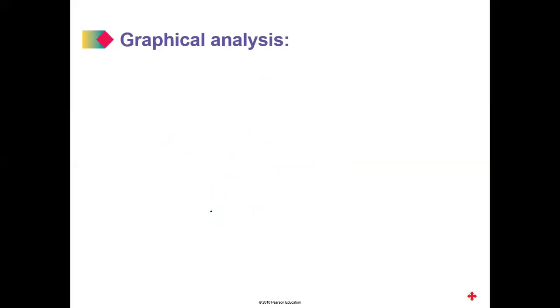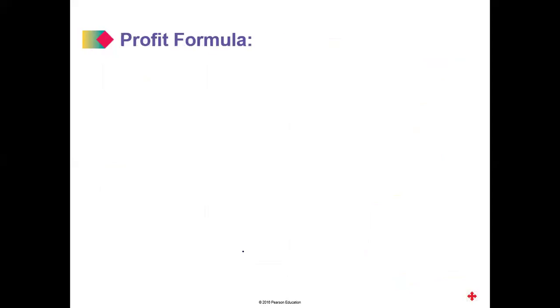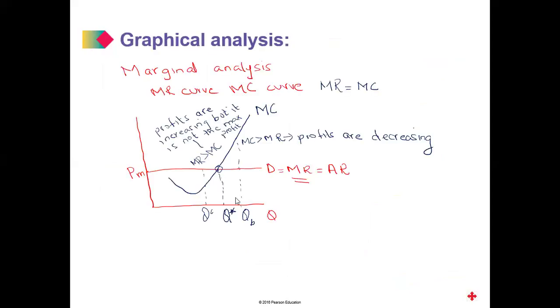And you can see over here that up till 8 units of production, where MR is greater than MC, the profits are increasing, but we have not reached the maximum point yet. So the profits are increasing as long as MR is greater than MC. But a firm will attain maximum profit only when marginal revenue is equal to marginal cost.